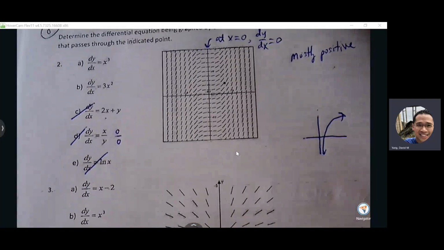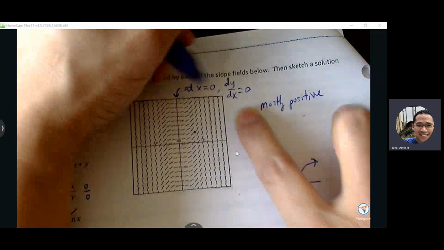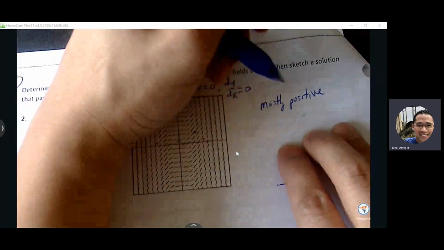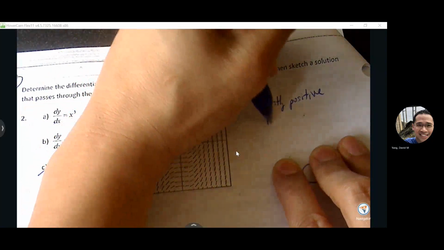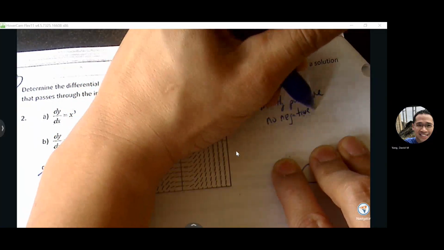All filled in with zeros. So we say mostly positive because some of them are zeros, but do you see any negatives? There's no negatives. No negative slopes whatsoever.